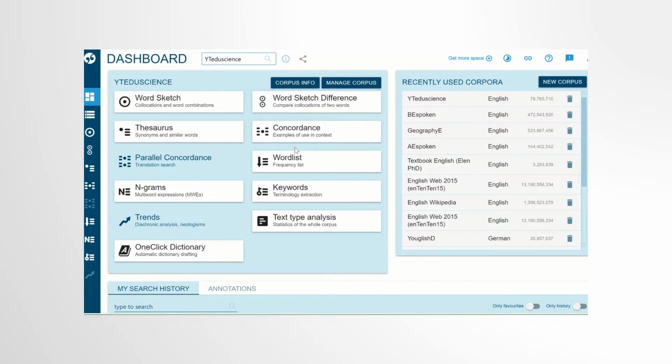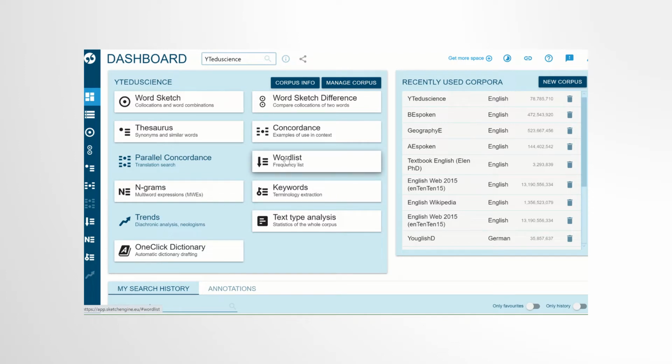As I said earlier, we're going to focus today on the word list function, the concordance function, and the word sketch function, and anagrams, and perhaps even keywords. We might take a brief look at keywords now.